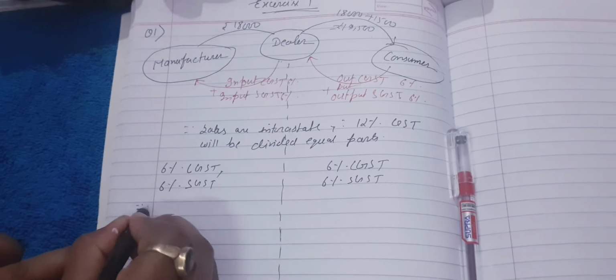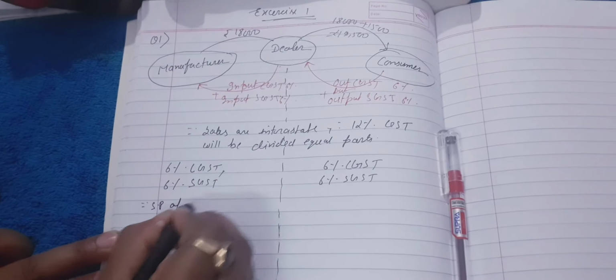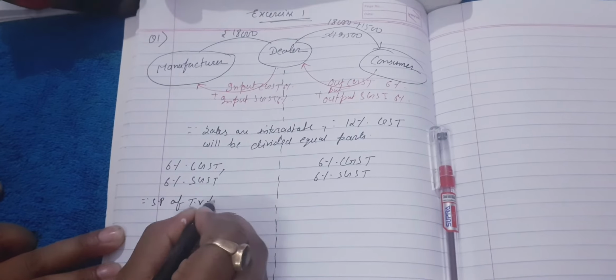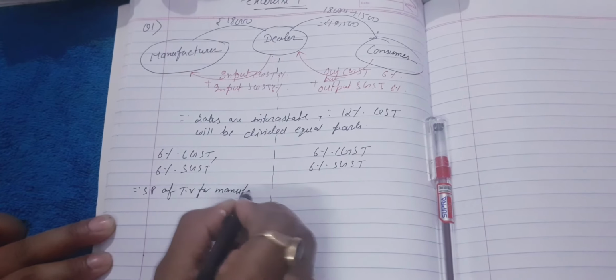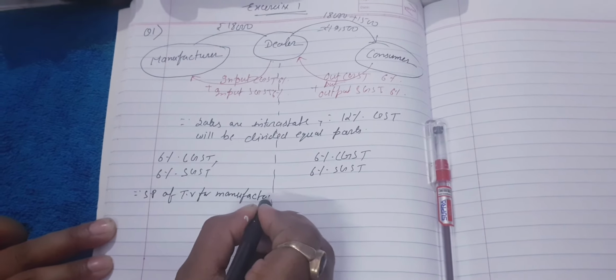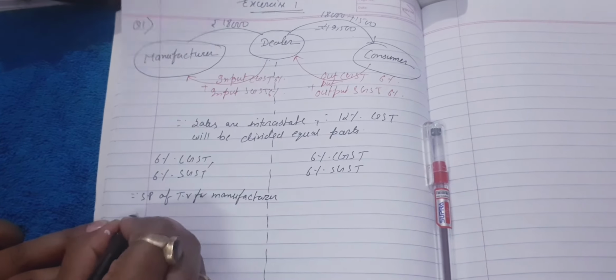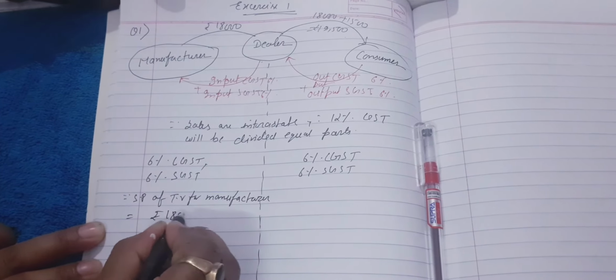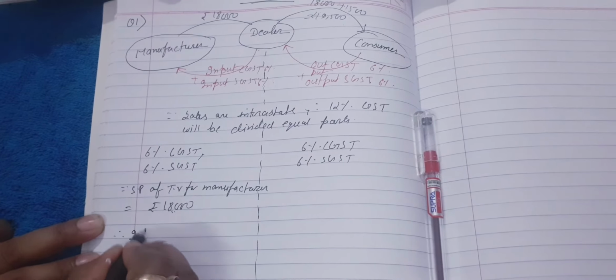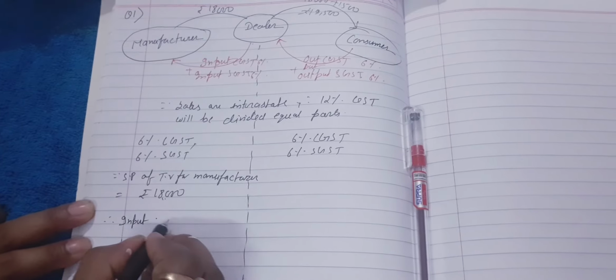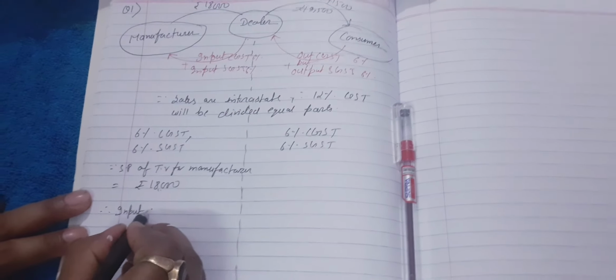since the selling price of the TV for the manufacturer is equal to rupees 18,000, therefore input, I have started the sum, please focus on it.